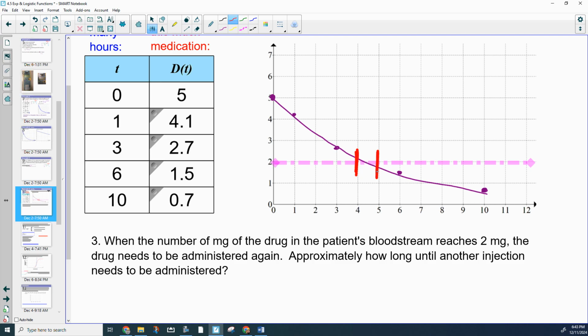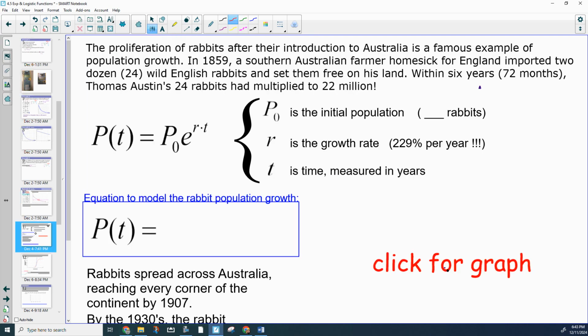All right. Next example, the proliferation of rabbits after their introduction to Australia is a famous example of population growth. Famous meaning every math class uses it. In 1859, a southern Australian farmer homesick for England imported 24 English rabbits and set them free on his land.